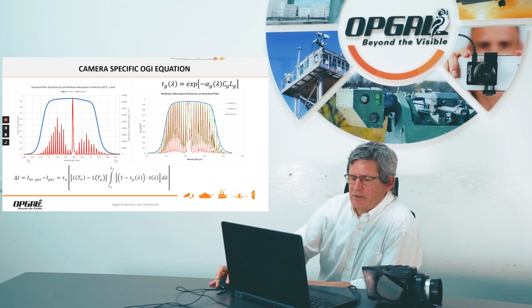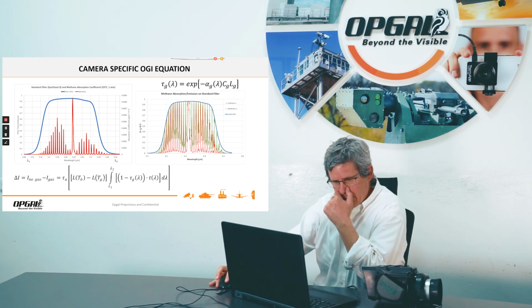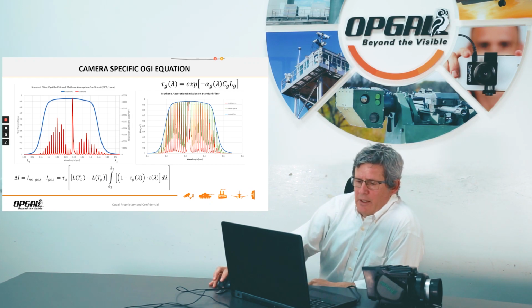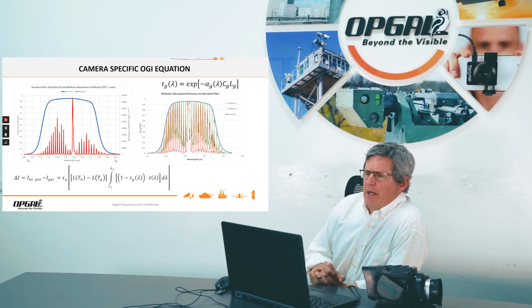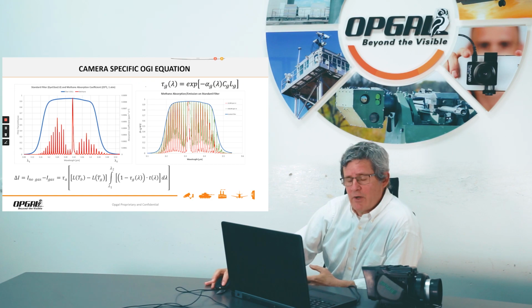The spectral radiance of the background and the gas is pretty much constant, and the difference does not change much when we do this integration. And what we get is what we call a camera specific or compound specific OGI equation that includes the integration through the filter.